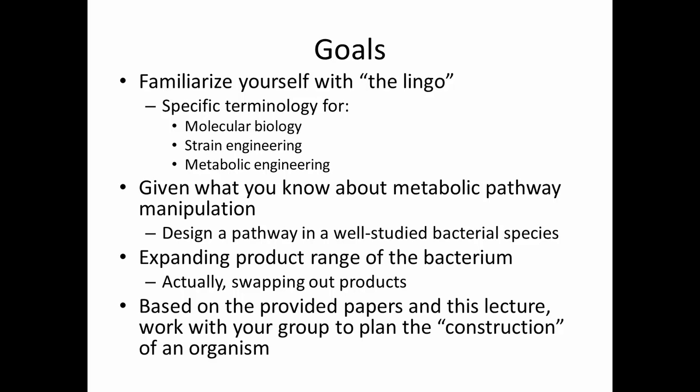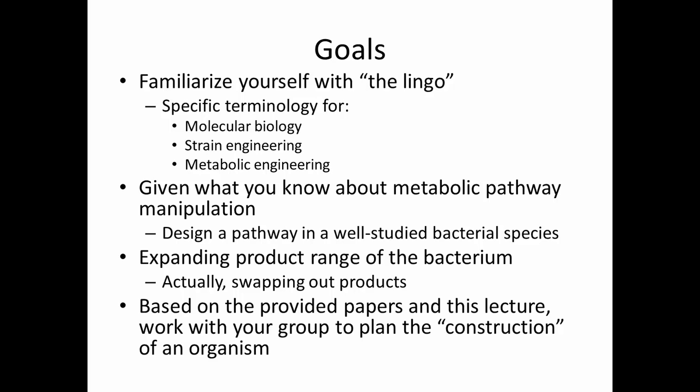So given what you know about pathway manipulations at this point, design a pathway, kind of like we designed a phenylacetic acid degradation pathway in E. coli. Design a pathway in a well-studied bacterial species. We're expanding the product range of the bacterium. So we were playing at the front end in our first flipped classroom exercise by making a strain that ate something else.